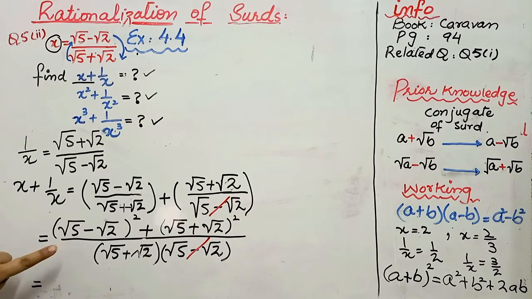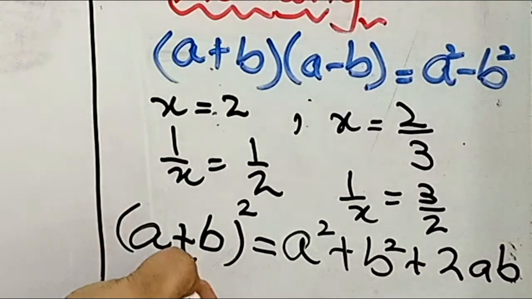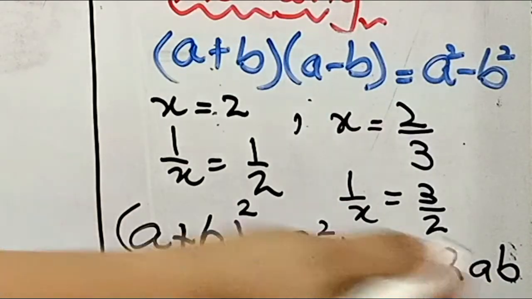Now this is a minus b whole square. We know that a plus minus b whole square is equal to a square plus b square plus minus 2ab.